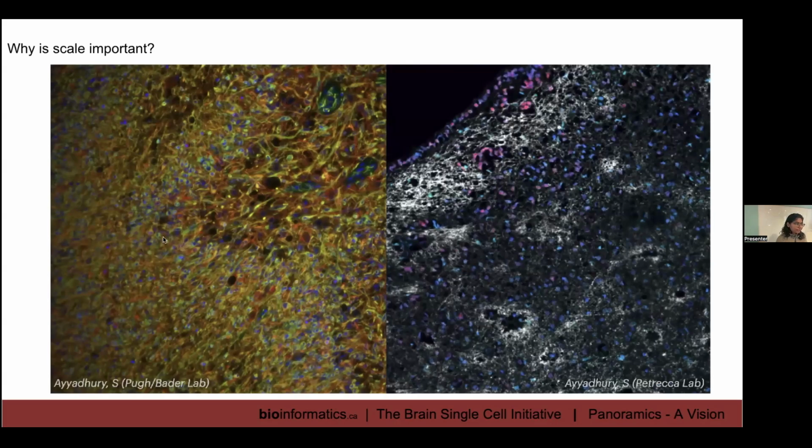So on the left, this was the image that I took recently, about 2, 3 years ago, as a postdoc here. And on the right is the image that I took when I was a graduate student at the Neuro in Montreal. So this is where it all started, at least for me. And this is where everything starts, even for you guys, right? Why do you want to do spatial? Because you have observed something from an image.